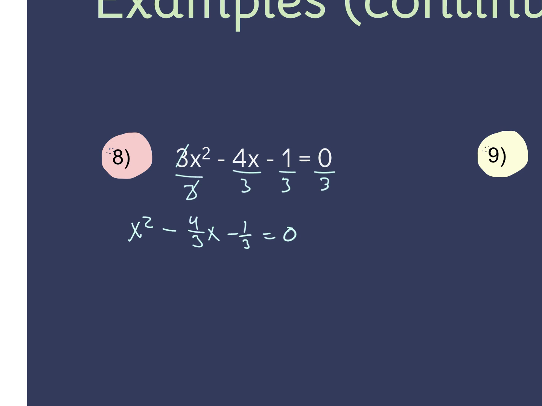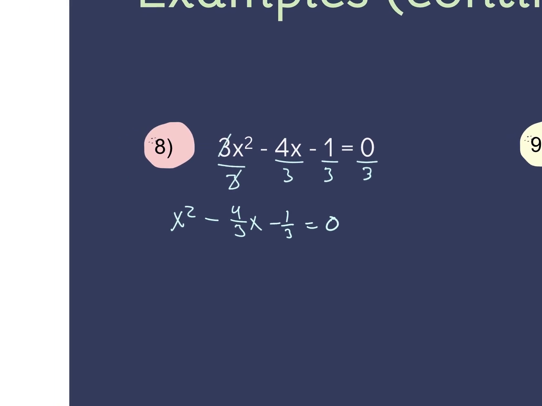And now we can go through our steps as always, right? We want to get our constants on one side. So x squared minus 4 over 3 x plus a little box equals 1/3 plus a little box. We added 1/3 to both sides.